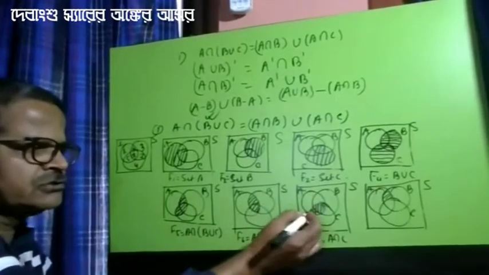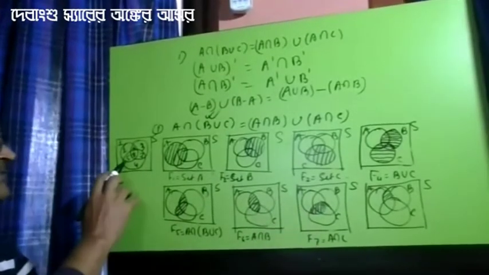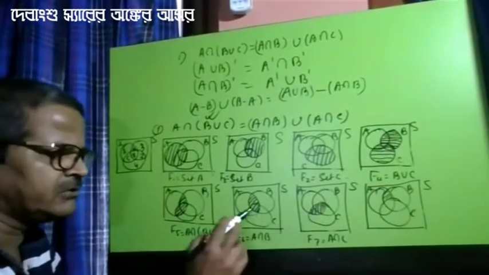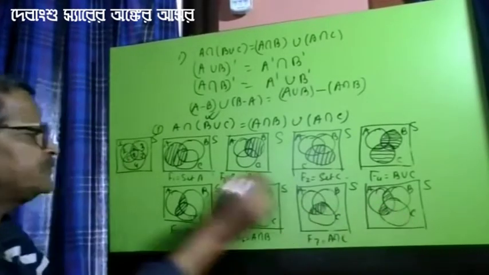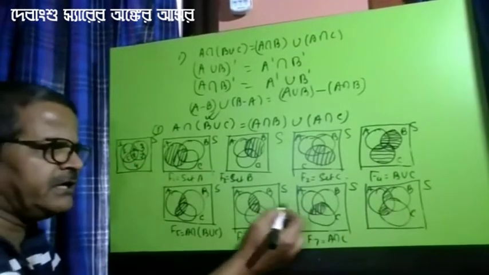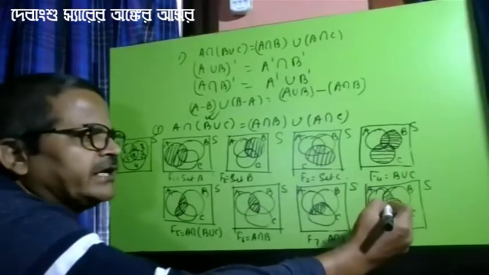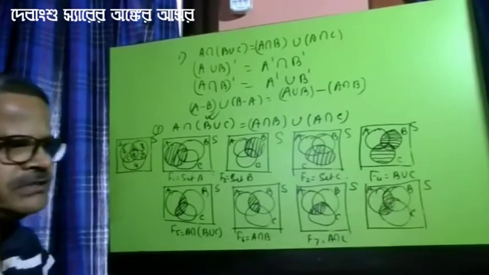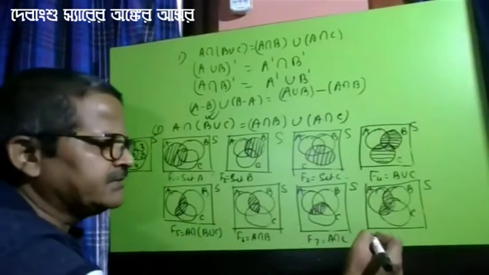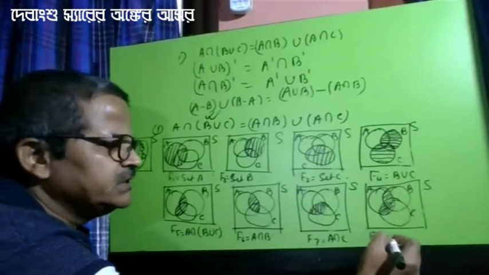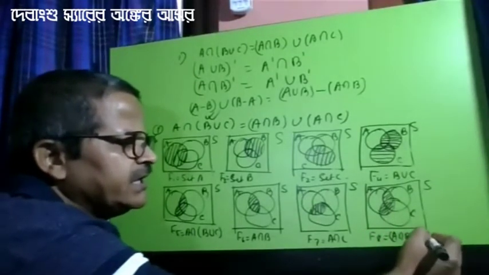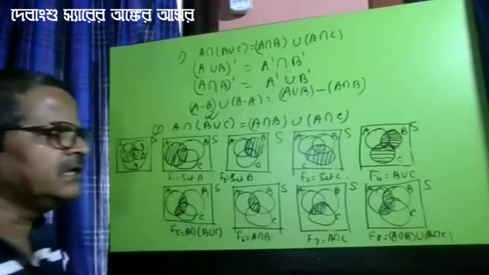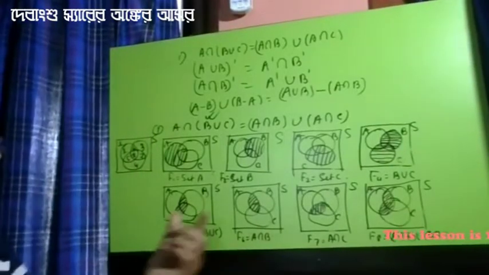The fifth portion is in this set but not in this, but still it will be in the union. And the eighth part is common to both, so that will be in the union. So this will be the union of these two diagrams. F8 is equal to A intersection B, union A intersection C. Now see, figure 8 and figure 5 are identical.